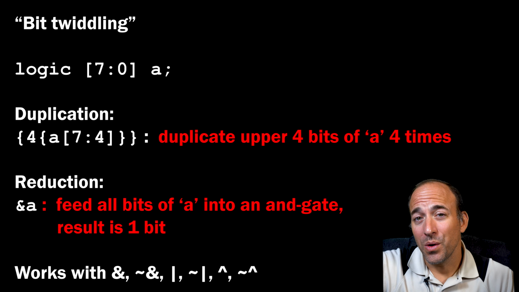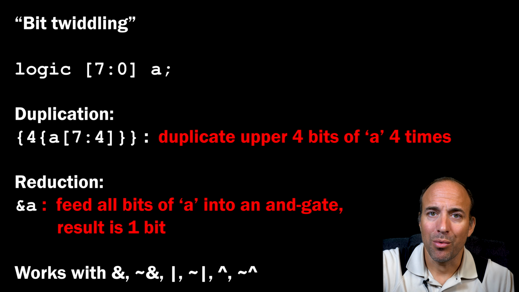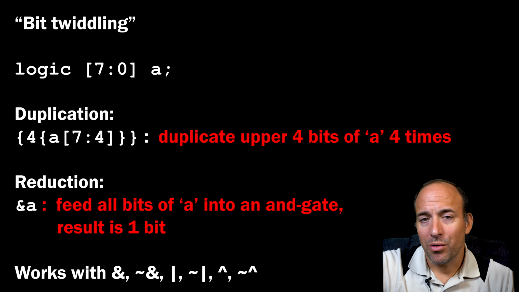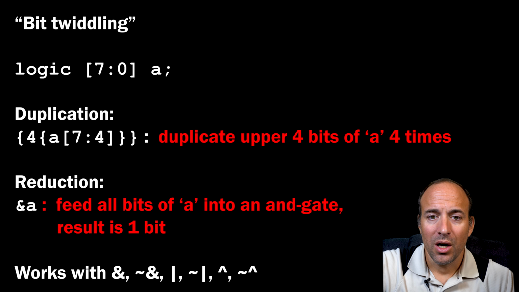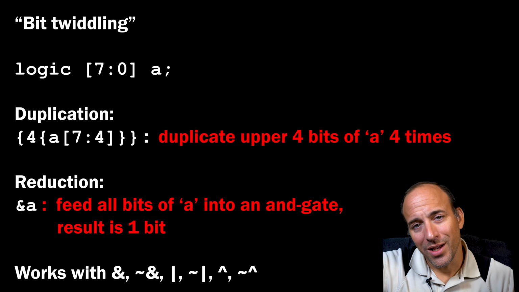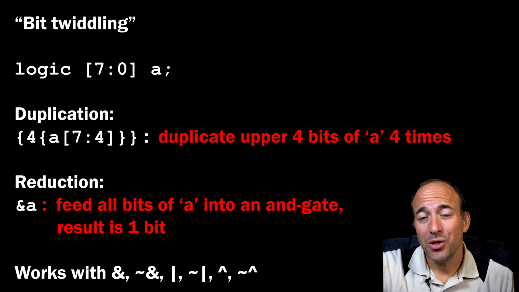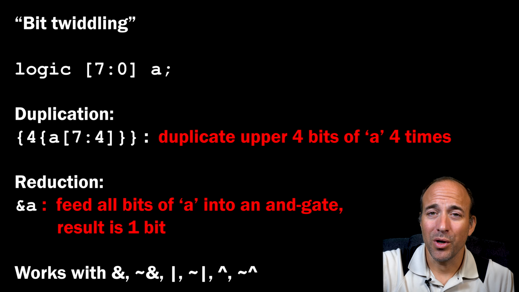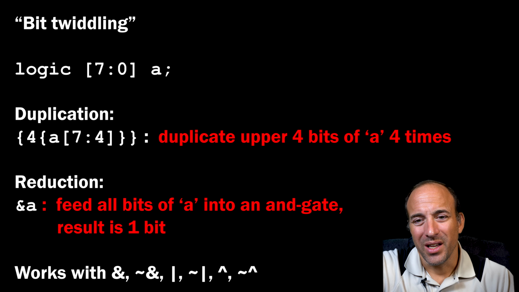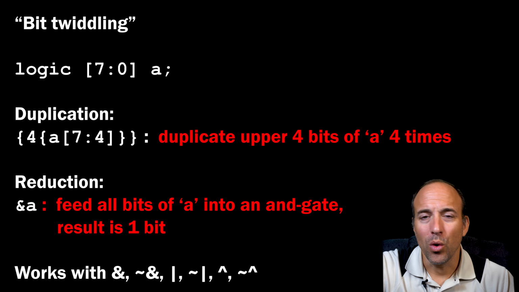SystemVerilog also offers reduction operators, which allow you to perform a logical operation using all the bits of the signal as inputs. So as opposed to doing a bitwise logical operation between 2 different, potentially multi-bit signals, a reduction operation takes all the bits that make up one signal and feeds them into a single gate, giving a 1-bit result.